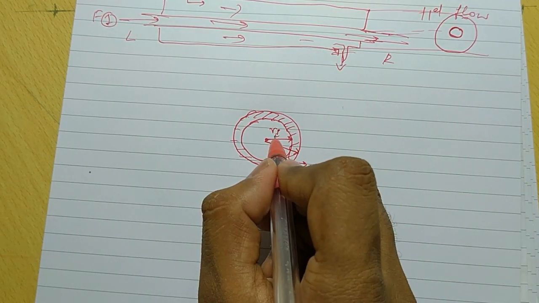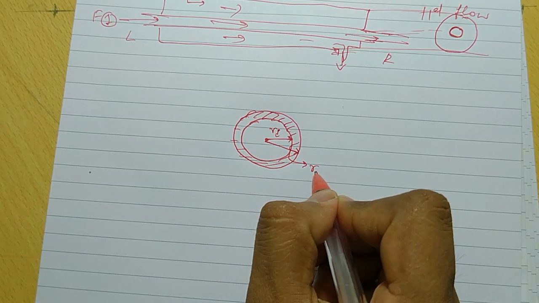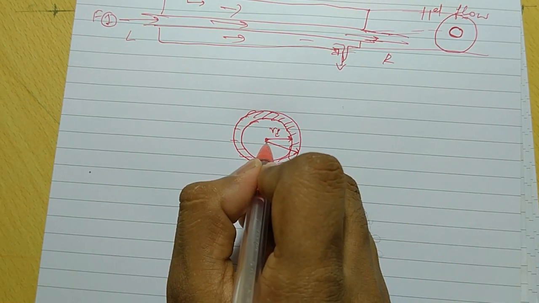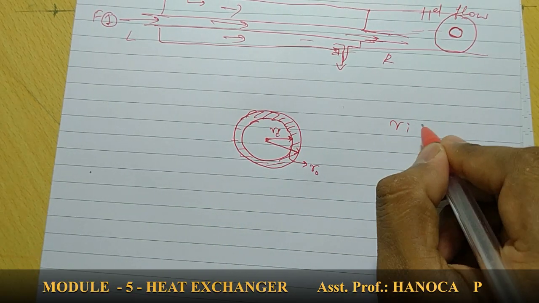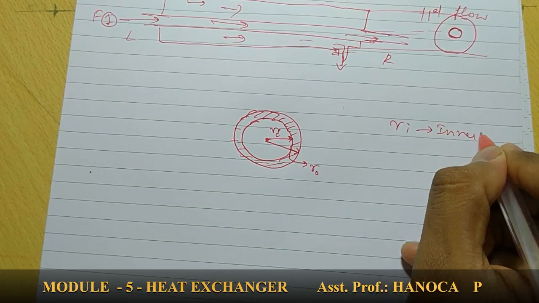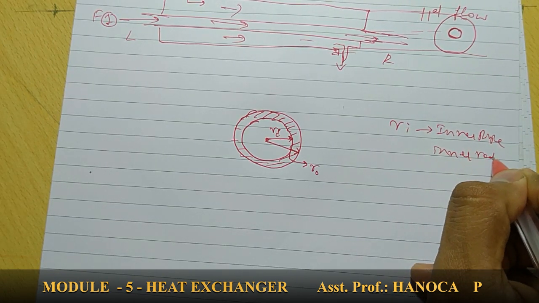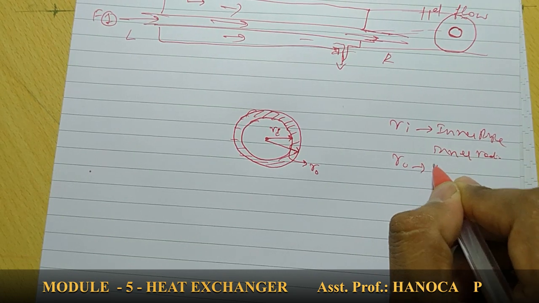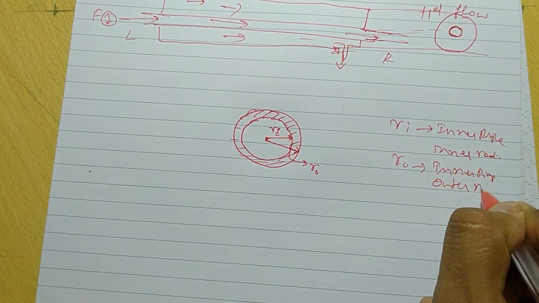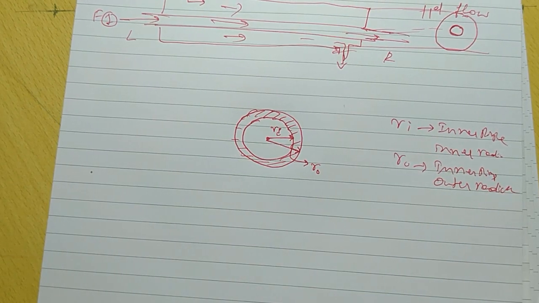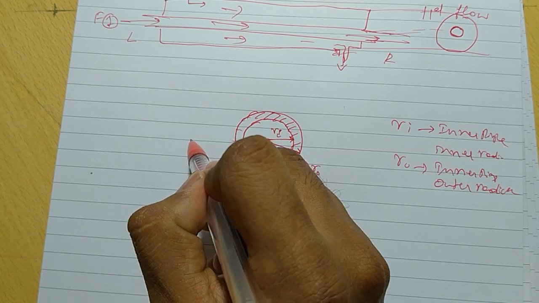Ri means the inner radius of the inner pipe. Ro means the outer radius of the inner pipe.